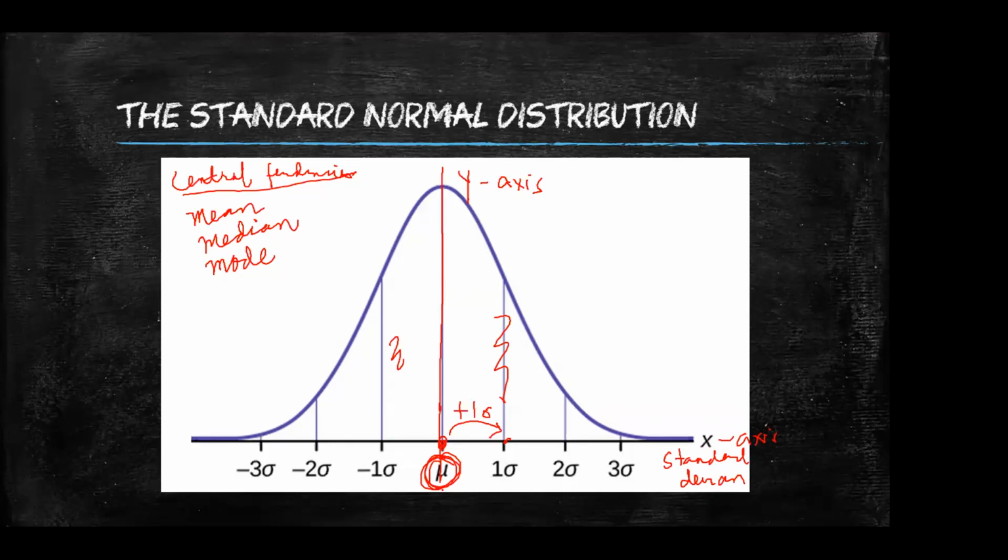Tapos dito, mu plus 2 standard deviations away from the mean. Okay? Yung mean yung center, yan siya. Tapos dadagdagan natin ng standard deviation. Diba? Yung standard deviation ay siya yung nagde-determine kung gaano ka-scatter yung scores as well as the variance, right?